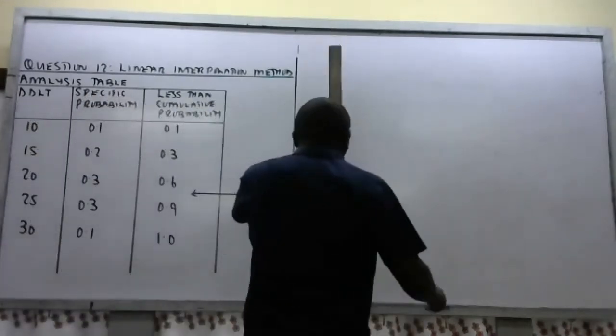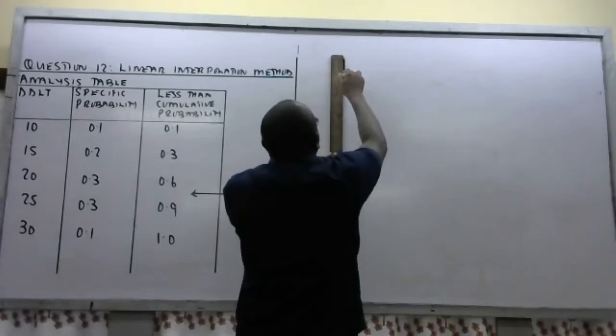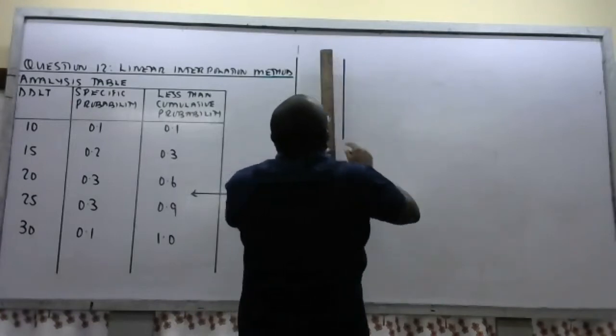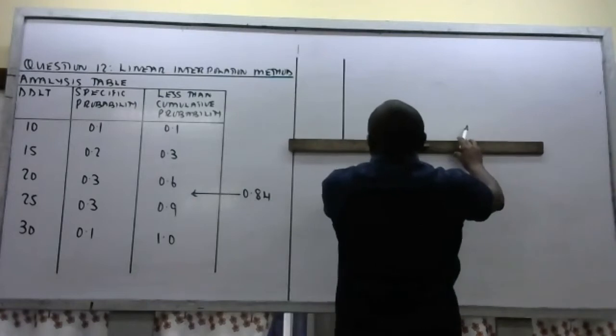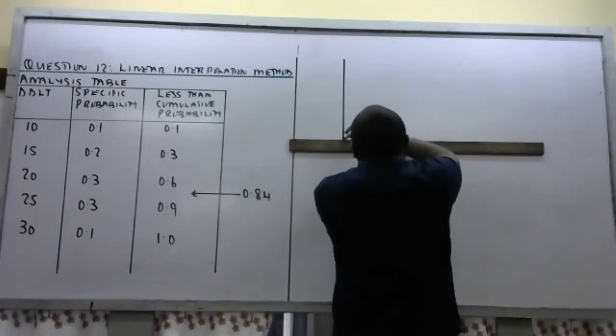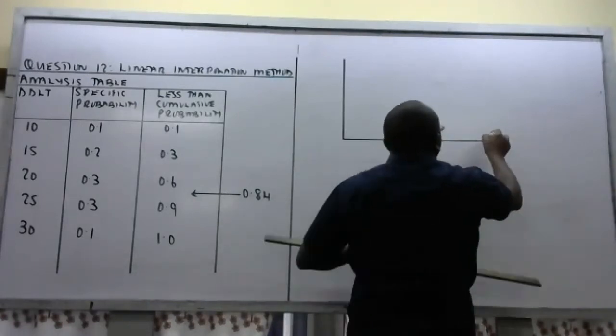So draw a small graph like this, with 2 axes.